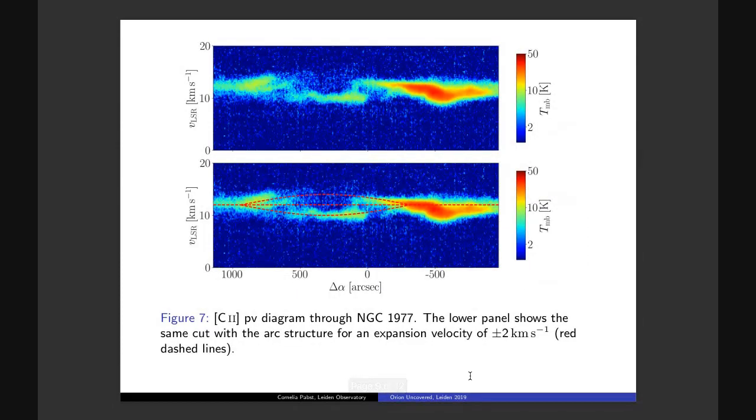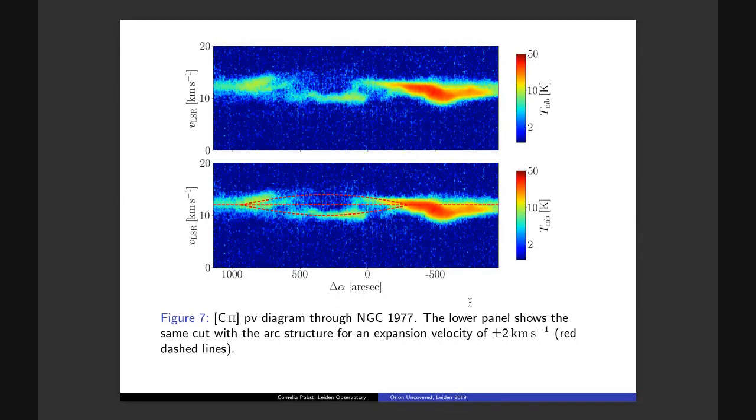Then the next structure was towards the north with NGC 1977. This time the structure seems to expand in two directions, away from us and towards the observer. It's very faint and not very clear, but we think we see significant evidence of that.